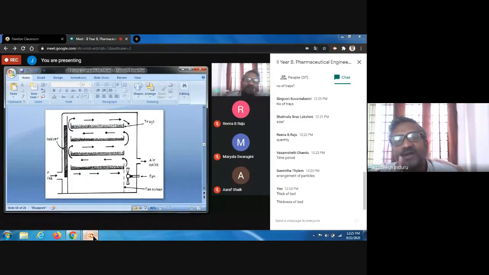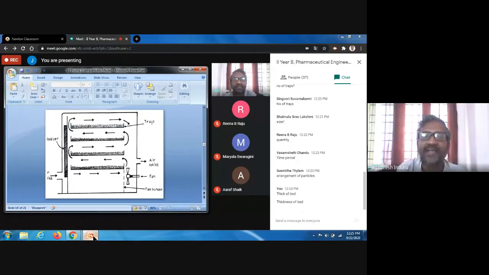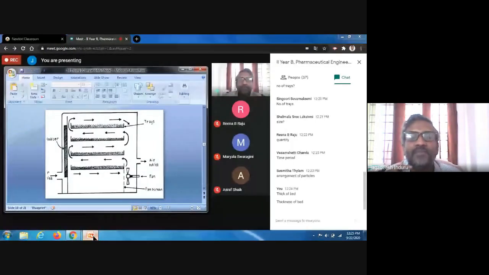Now I am coming to the concept of going from variable to constant. We are entering a different phase now. My variables here are the thickness of the bed and the quantity of the material, and I have added thickness of the bed because both are linked. I am going to have a batch size of 50 kilo, and my thickness of bed is 0.5 centimeters.